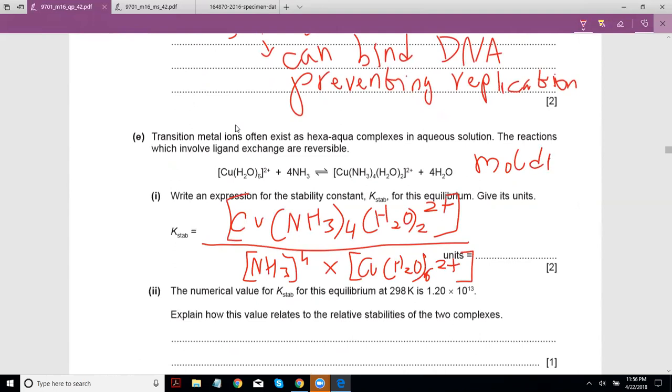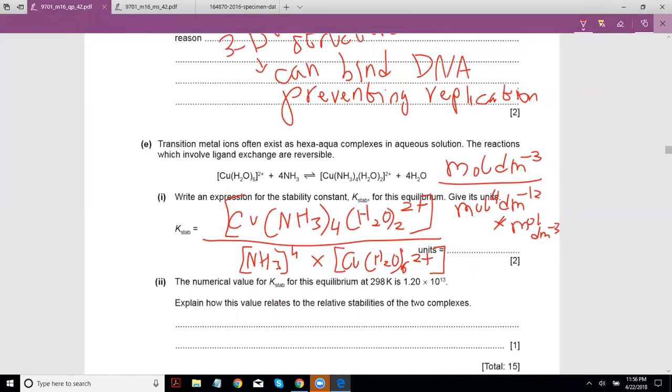mole per dm cube, and if you take mole per dm cube and divide it, it would be mole to the power 4 dm to the minus 12, times mole per dm cube. So one of them cuts out, and you get mole to the minus 4 dm to the 12. Yeah, slightly messy.